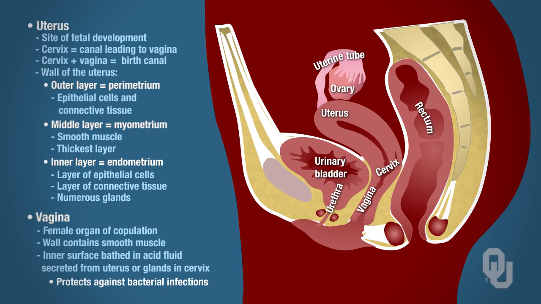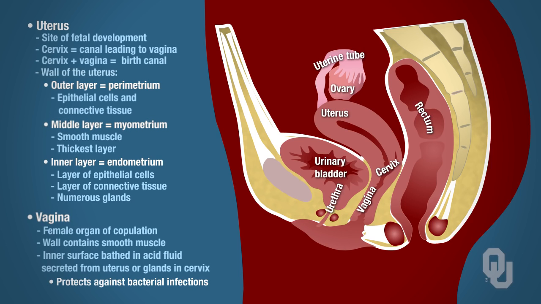Okay, now continuing on with the reproductive tract of the female. We're going to focus momentarily on the uterus as well as the vagina. I'm not going to read all of this information to you because you can read it. What I want to focus on is the wall of the uterus. There are three layers to the wall of the uterus. There's the outermost layer called the perimetrium, and that has epithelial cells and some connective tissue. There's a middle layer called the myometrium, which is composed of smooth muscle.